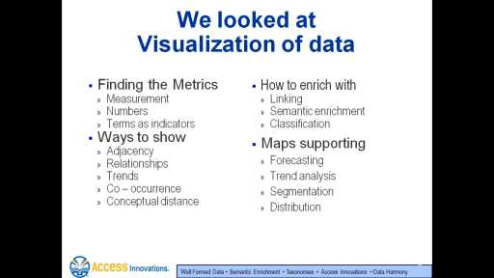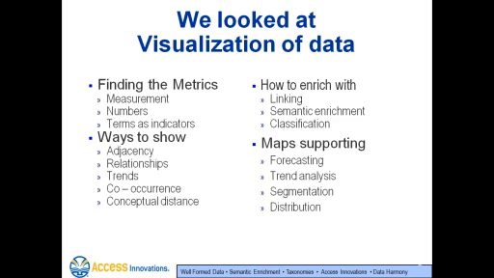We looked at some ways to show trends and to show co-occurrence of documents or textual areas and areas of overlap. And we also looked at the white space. What are the conceptual differences and distances between information as we plotted out on these information-rich visualizations.